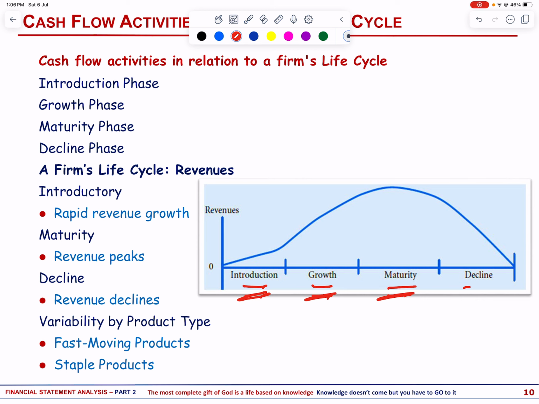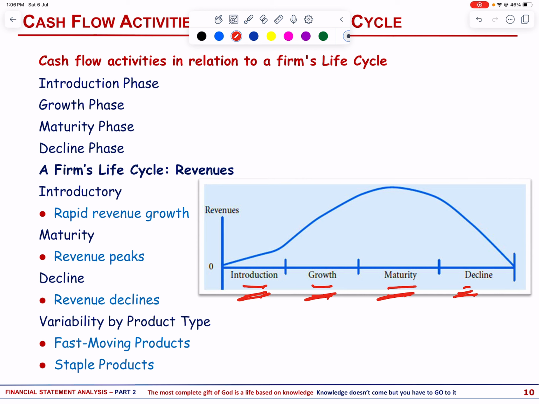The firm generates significant cash from operations, which can be used for reinvestment, debt reduction, dividends, or stock repurchases. And during the decline phase, cash flows decrease as demand for products or services declines. So, this phase may necessitate asset divestment, cost cutting measures, etc.